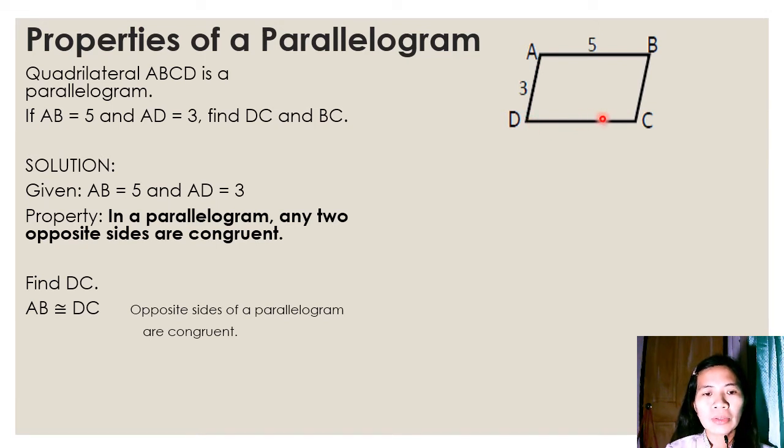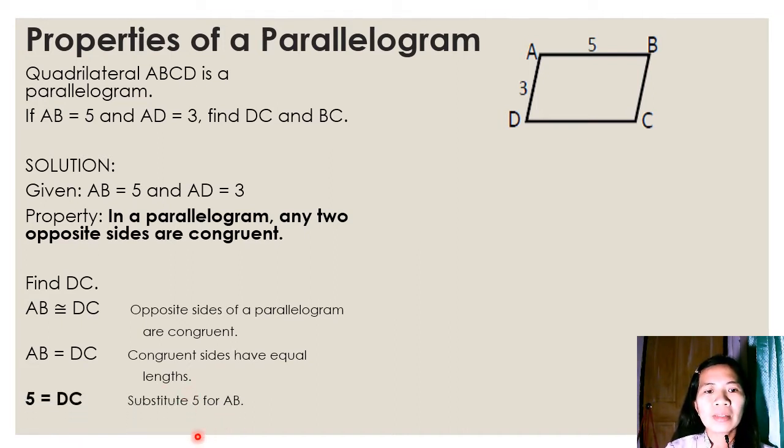If they are congruent, meaning AB is equal to DC, since congruent sides have equal length. Since we are given segment AB is equal to 5 units, we can substitute it, so segment DC is equal to 5 units.